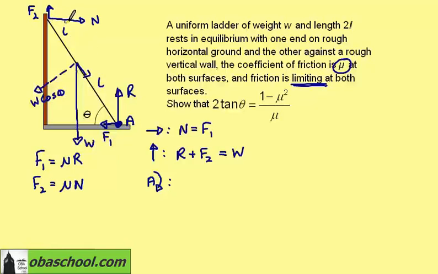These two forces will also have a turning effect. We're interested in the components in this direction. We have Z angles, so this angle here is theta. It follows that the component of N will be the sine.